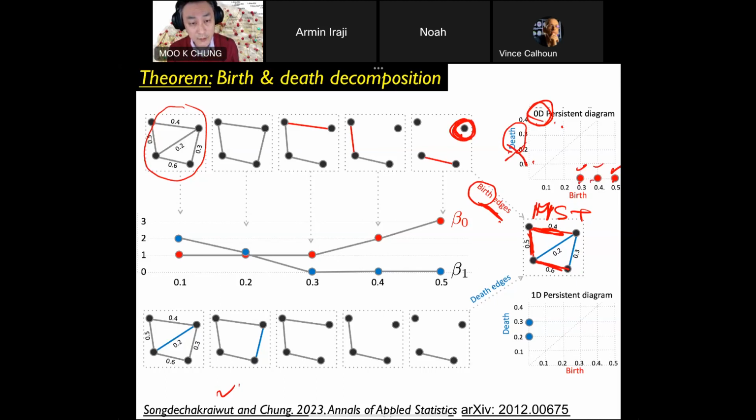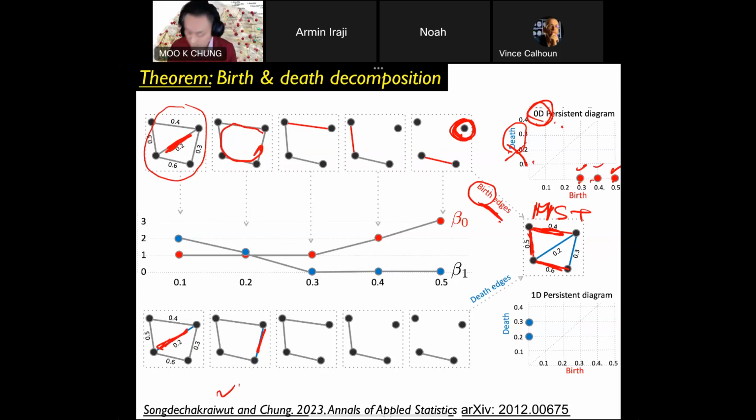Same thing, when you delete one edge at a time, a cycle may be born or may not be born. So if I delete these edges here, a cycle will be created. Okay? So this edge and this edge are responsible for destroying a cycle. Sorry, I said it incorrectly. These edges correspond to destroying the cycle.